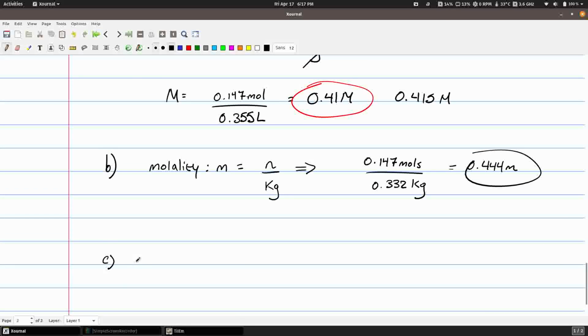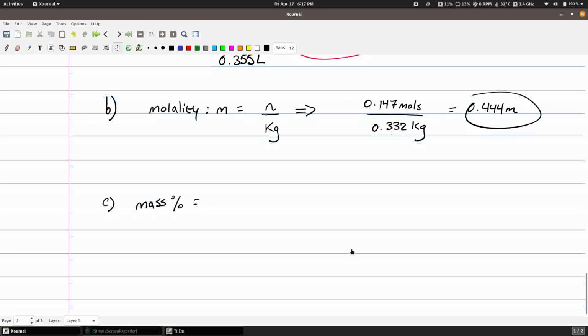And then C would be your mass percentage. So your mass percentage is simply, you just divide the mass. It's really simple. So you had 0.332, and it doesn't need to be in grams, but you want everything in the same unit, otherwise you're not going to get the right answer.